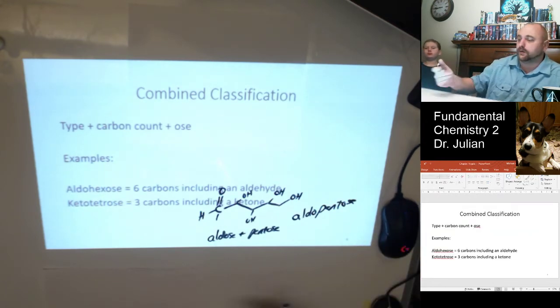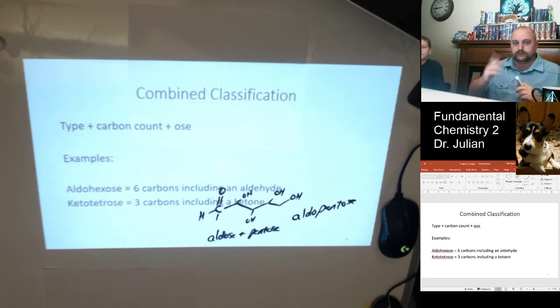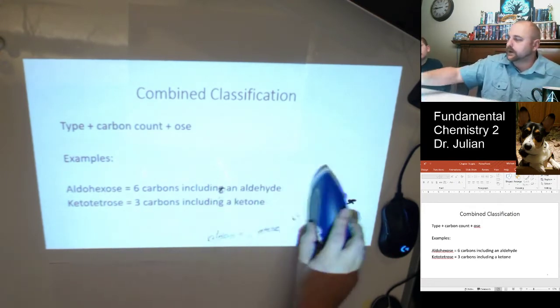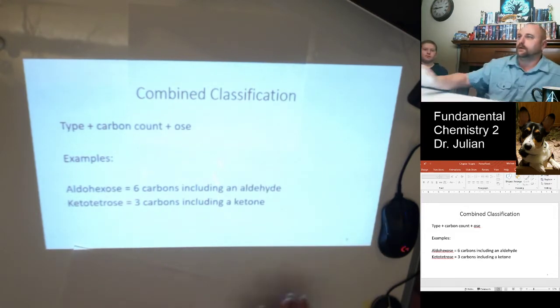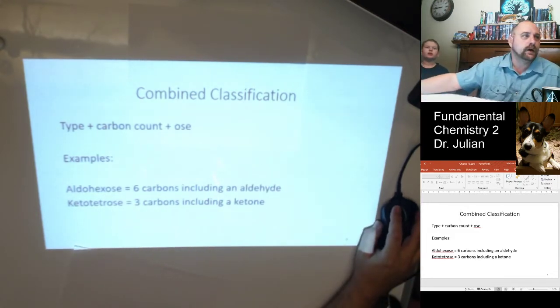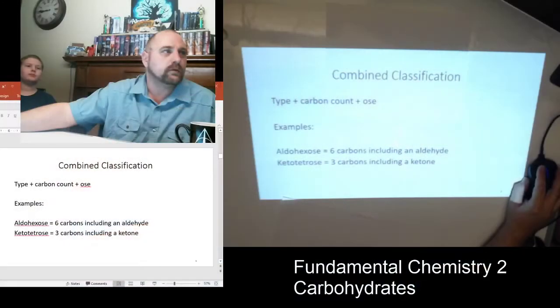Not very difficult. We just want to be able to look at a structure, count the carbons, and tell if it's aldehyde or ketone.